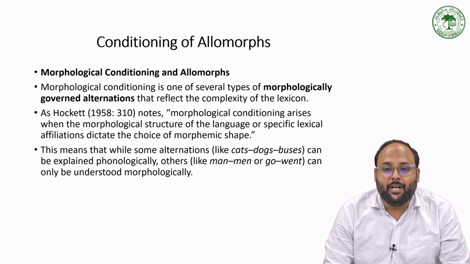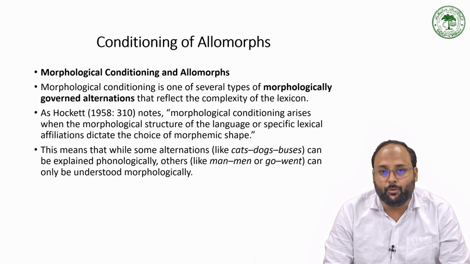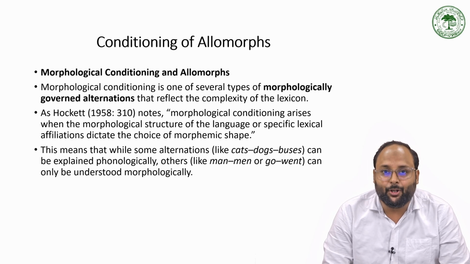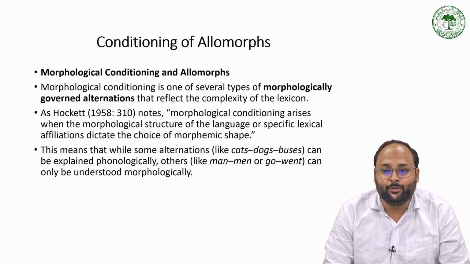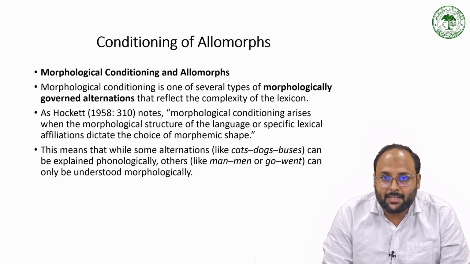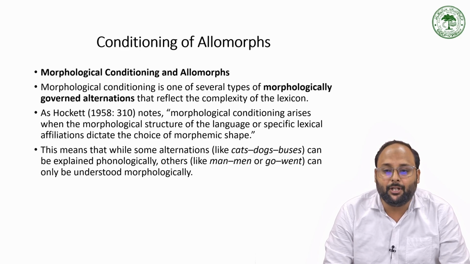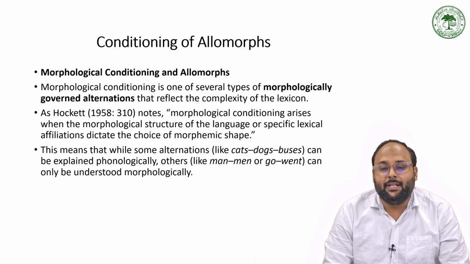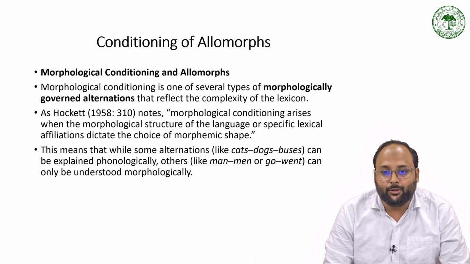We are making the past of go into went because the tense is past, so the tense requires the past verb, and in man, we change it to men to make it plural. So when the subject is plural, we use men, not man. So that is the requirement of the number from singular to plural. So there is no phonological conditioning in these examples.